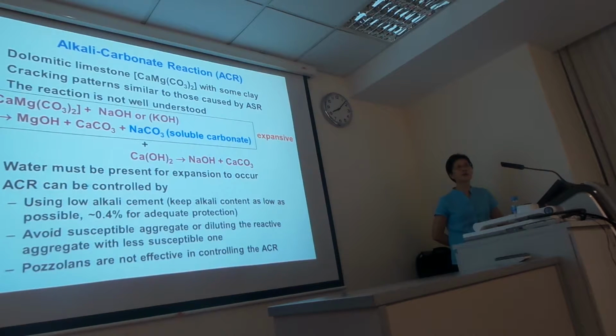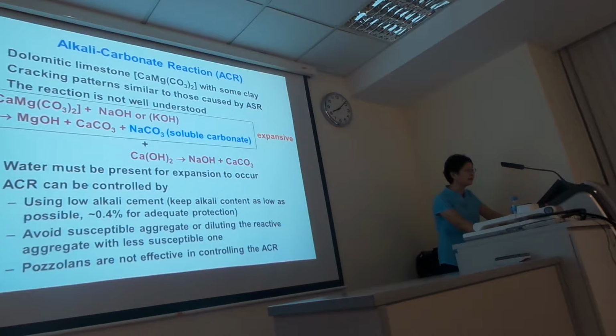But in the case of alkali carbonate reaction, the pozzolanic materials are not effective in controlling the alkaline aggregate reaction.